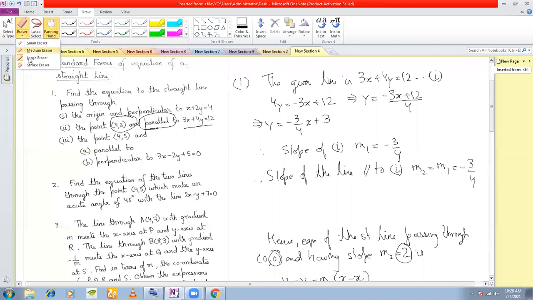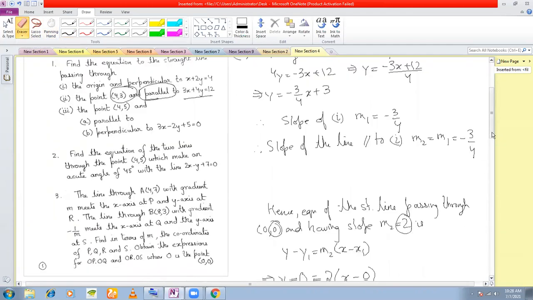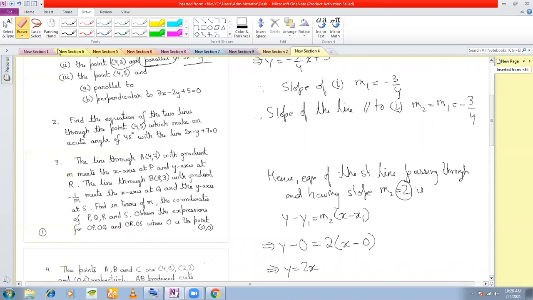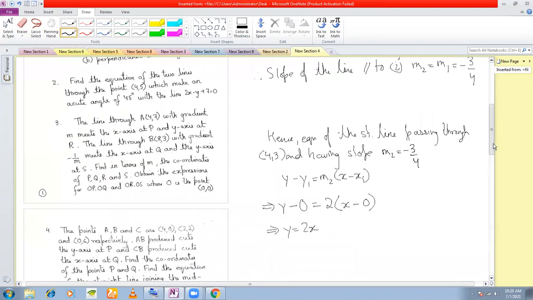So therefore, the equation of the straight line passing through the point 4, 3 and having slope m2 equal to minus 3 by 4 is again the same point slope form. The values will be different here.